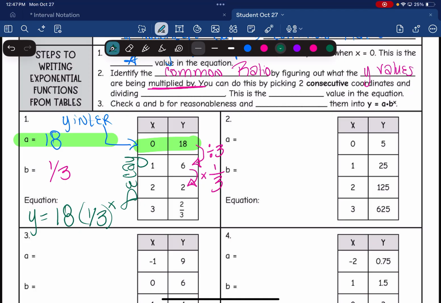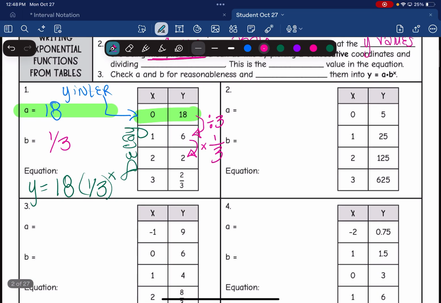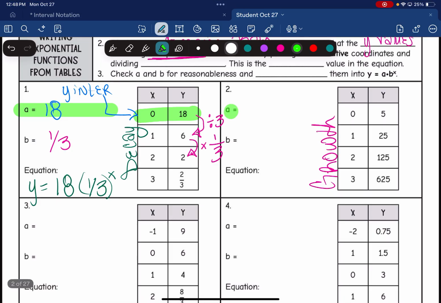So let's look at number 2. Is 2 a growth or a decay? Growth. How do you know? Good. Again, we need to find my y-intercept. What's the y-intercept? 0, 5. So our A will be 5.